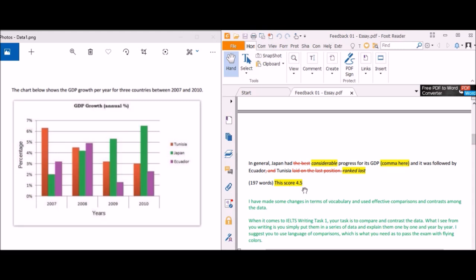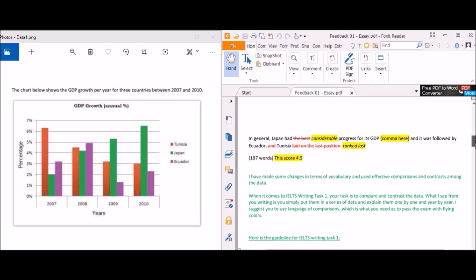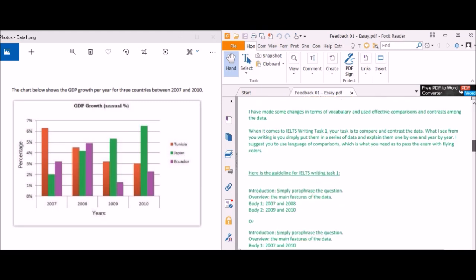My teacher marked it as only 4.5. Actually, in writing, if you want to go abroad for study, you need at least 6 or 6.5. It depends on the university you want to apply to. So you still need a higher score than this.